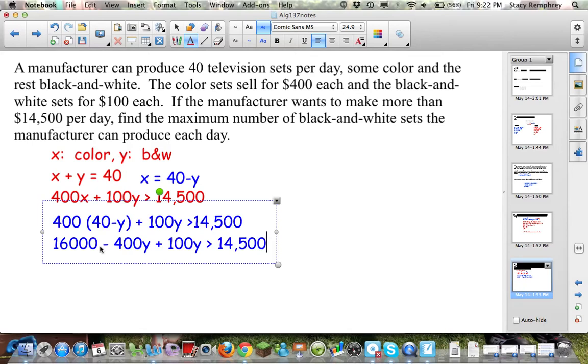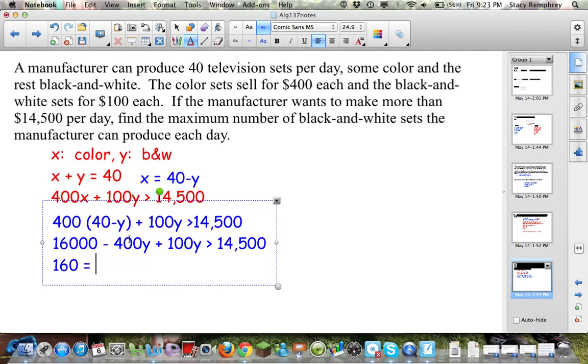Now again, we have a common factor. There's several. I'm just going to divide by 100 because that's a really easy factor to divide by, but there are better common factors here. And that just is to help me get smaller numbers.